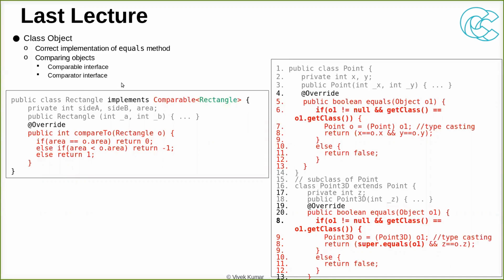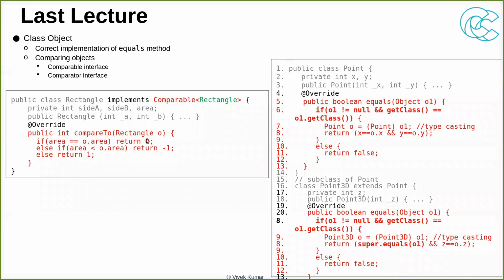There are two ways to do that. One is to implement the Comparable interface and override compareTo. compareTo takes one argument, and you simply compare your current object, which is this, to this particular argument, which is o. You can compare based on the sides or area, that's up to you.